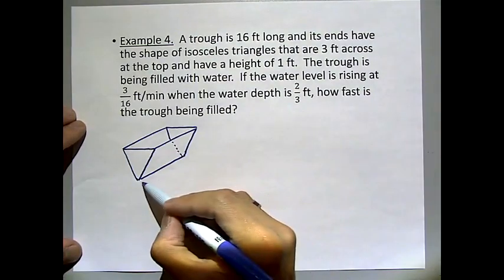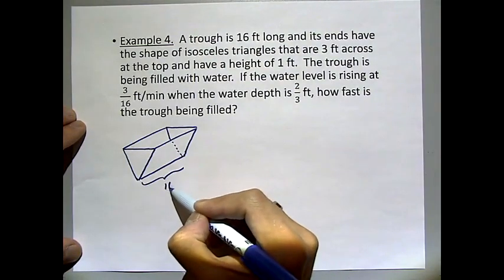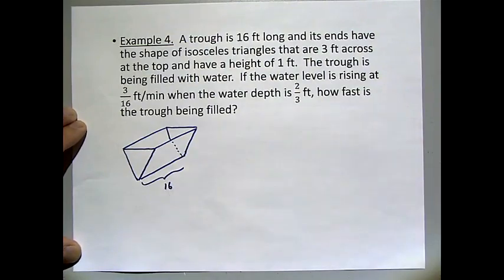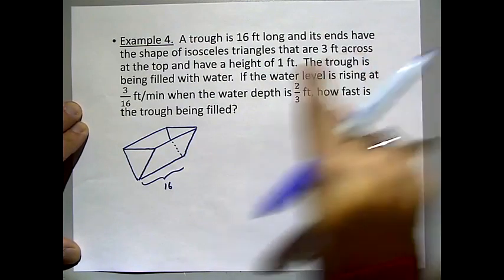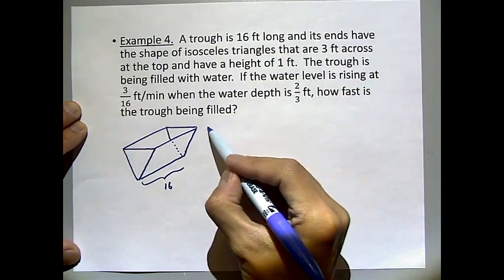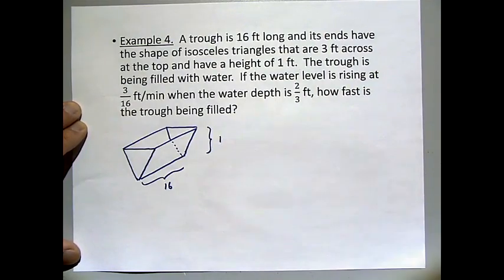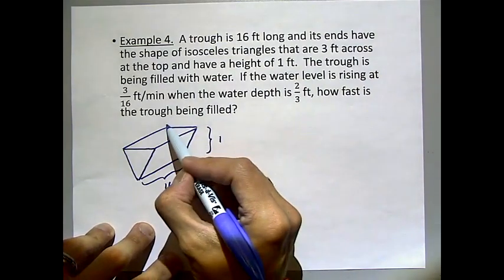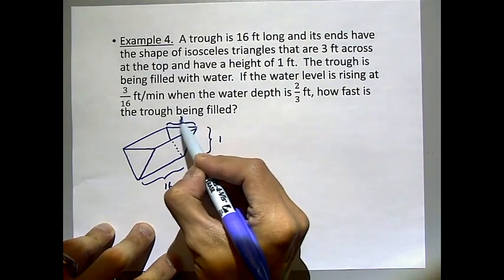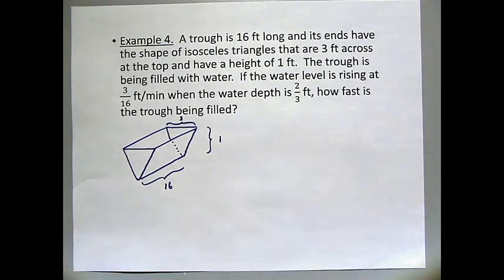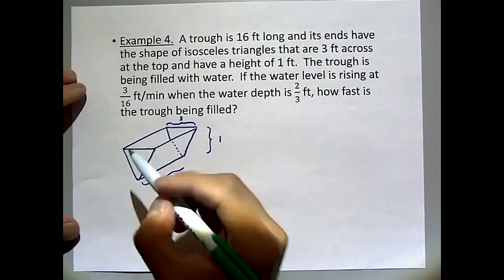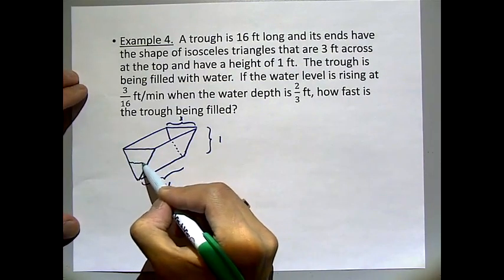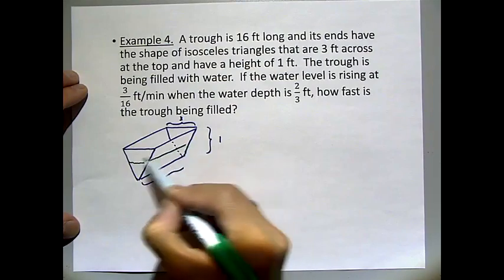This is 16 feet long, and the height of these isosceles triangles is 1 foot. Obviously, this is not to scale, but you get the idea. And they're 3 feet across the top, right here. We're filling this thing with water. So this green part is going to represent the water that's already in the trough.